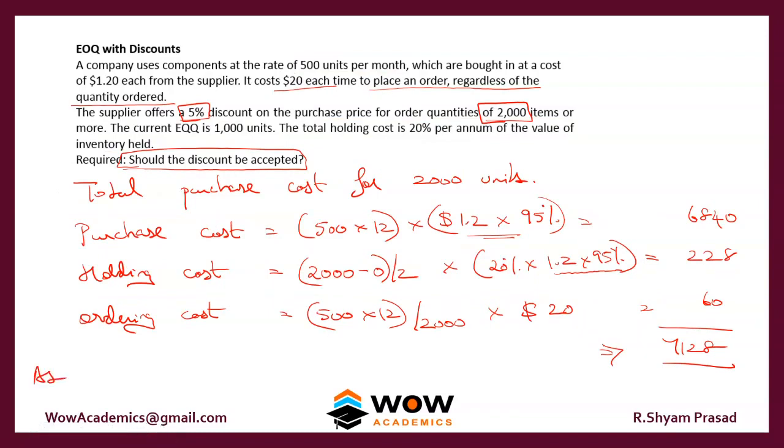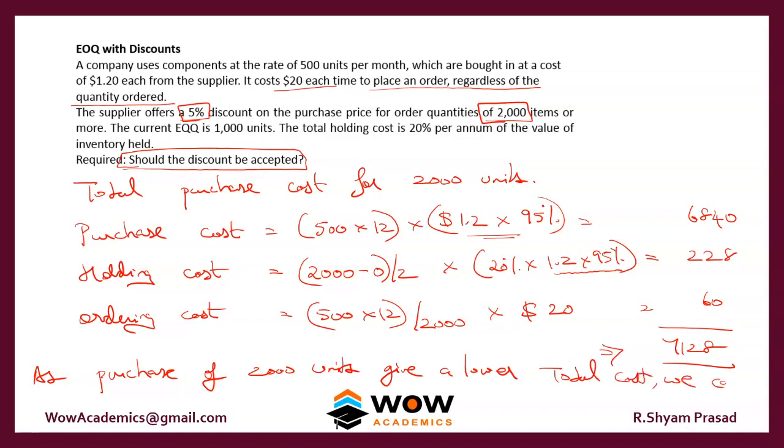So as the purchase of 2000 units gives a lower total cost, we can accept the discount and buy 2000 units at one shot. So that's about the EOQ with discounts. We had the first step, the second step, and finally the third step. So that's about the answer. We'll move on to the next question.